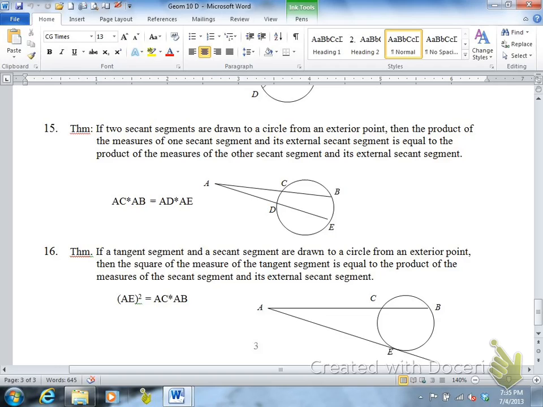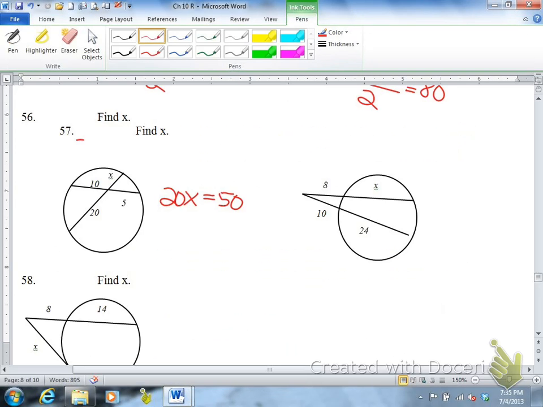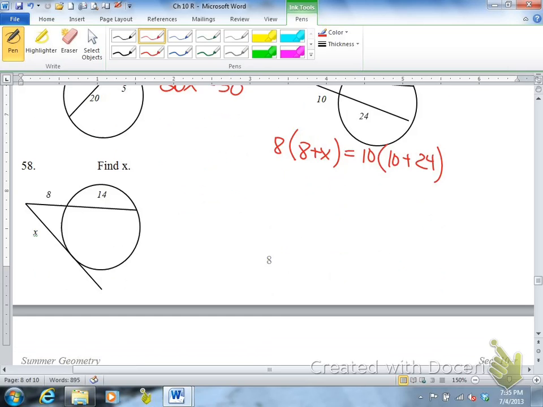So on this example, you do the one part, 8, times the whole thing, 8 plus x, equals 10 times the whole thing, 10 plus 24. This example is taken right from your class notes, so if you need to see how to solve that algebraically, you can look in your class notes.